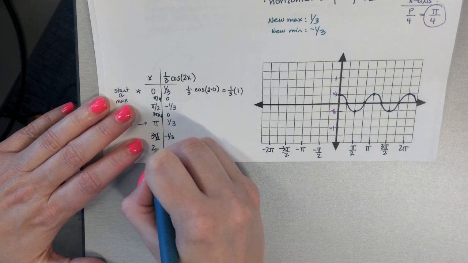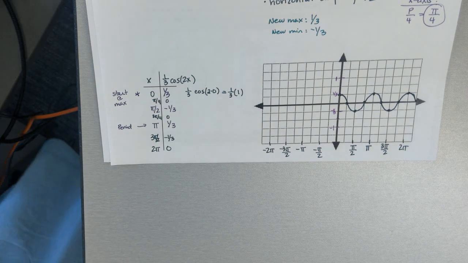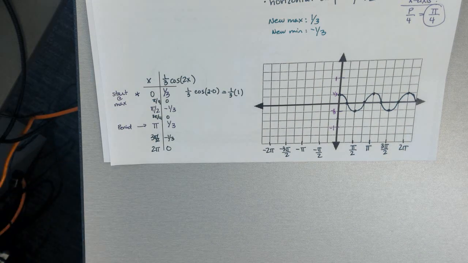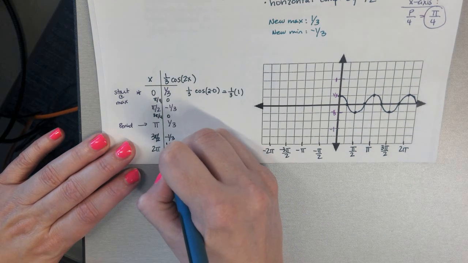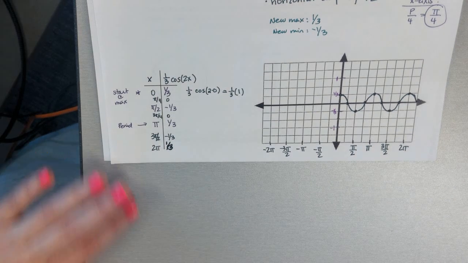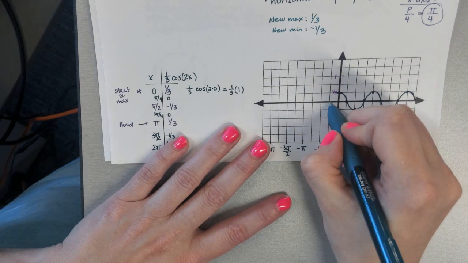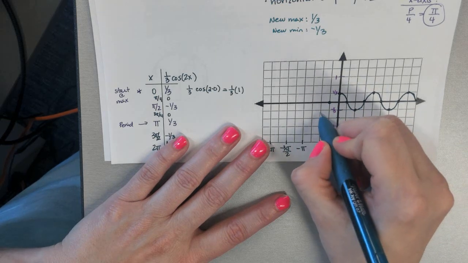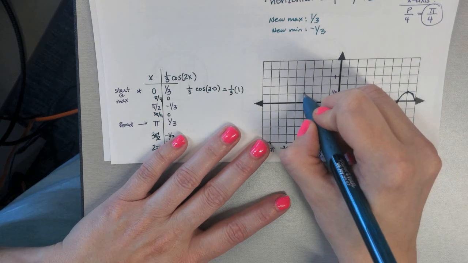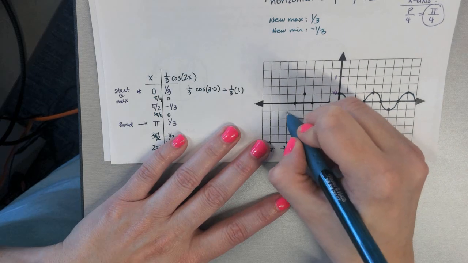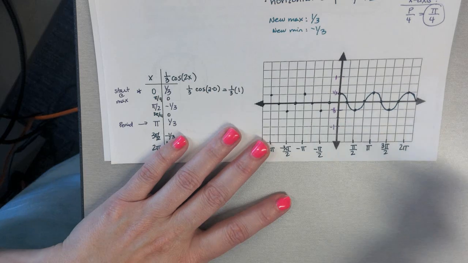At 2 pi, I'm at 0. Or sorry, at 2 pi, I'm at 1/3. The next one, I'm at 0. Okay, so then let's finish the pattern. So this would be 0, negative 1/3, 0, positive 1/3, 0, negative, 0, positive, 0.